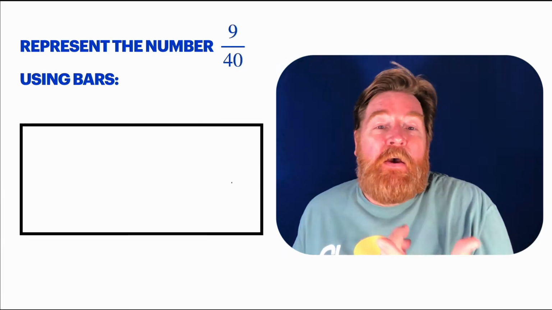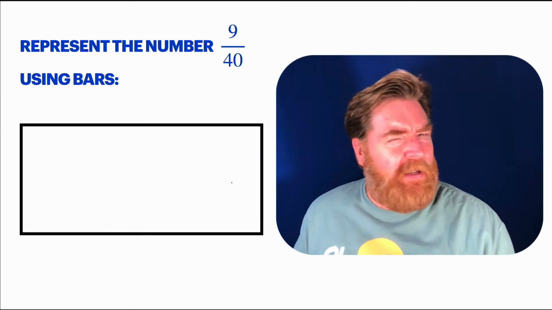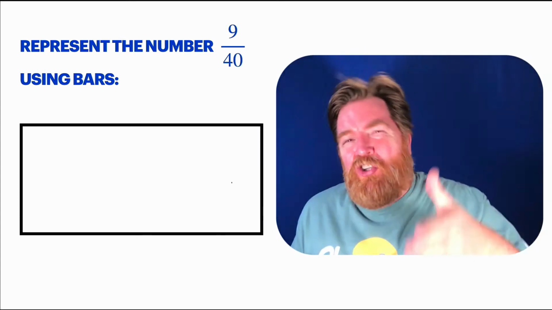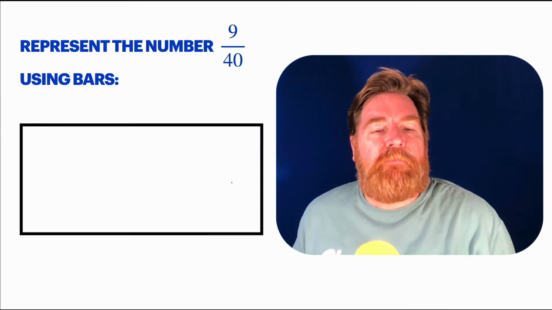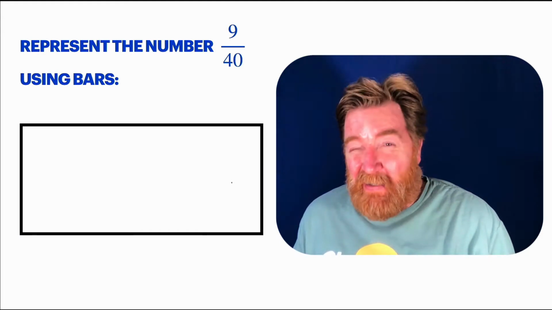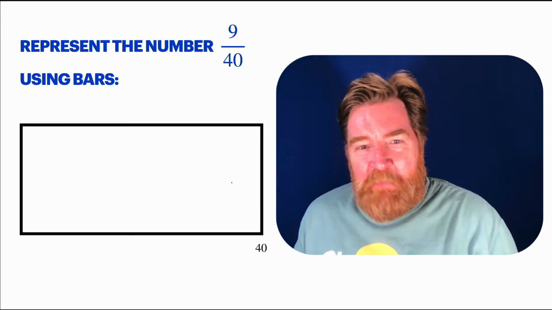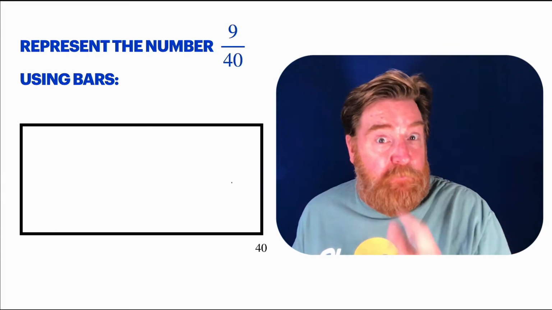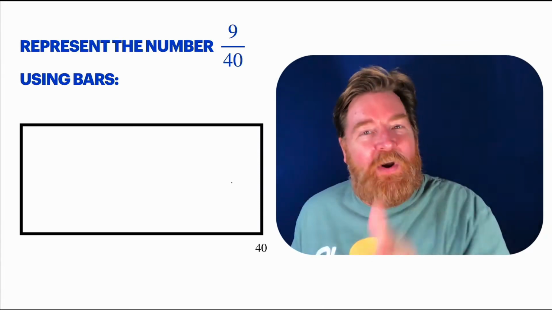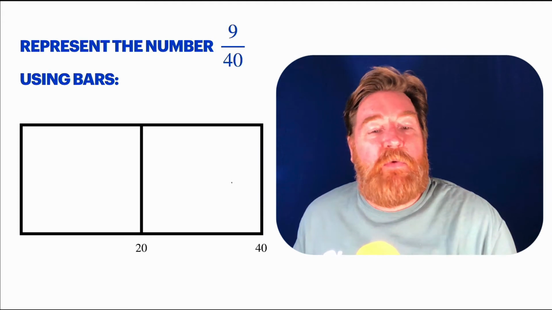Okay? We also saw that when you have a number like this, 9/40, showing all the lines to break up that shape gets a little bit tiresome. So we came up with this idea of benchmarking. The 40th piece would be right there at the end. Halfway would be the 20th.